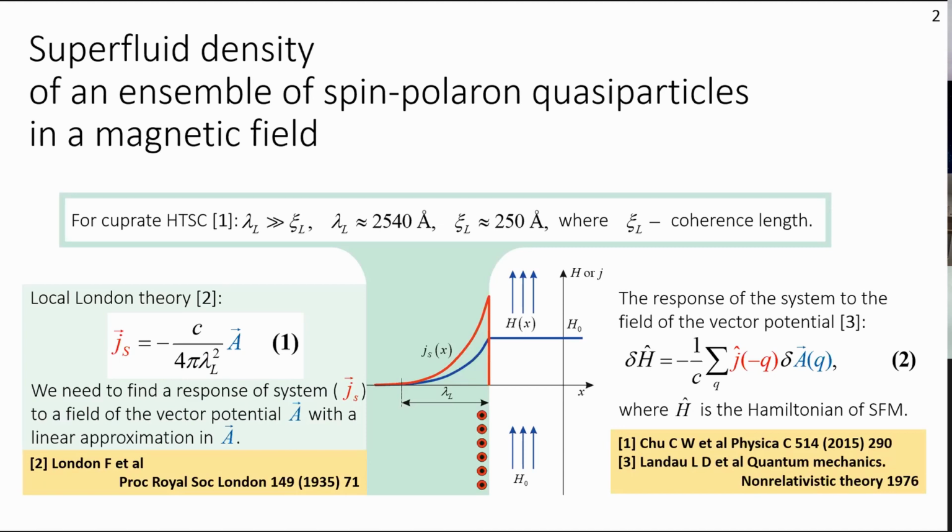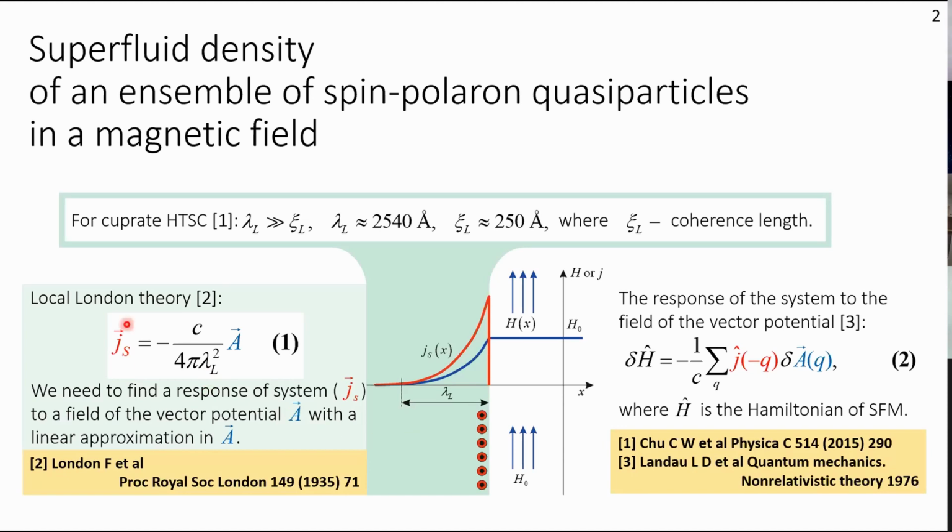According to this equation, the relation between superconducting current or superfluid density and the vector potential is taken into account in the local approximation and is linear. In this case, the coefficient of proportionality is determined by the square of the London penetration depth. So the task is to calculate this coefficient.